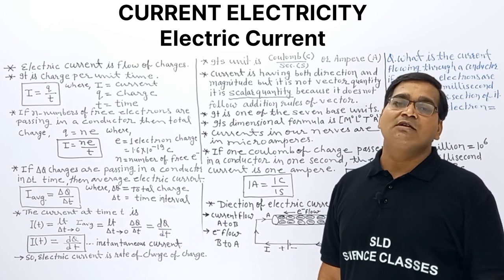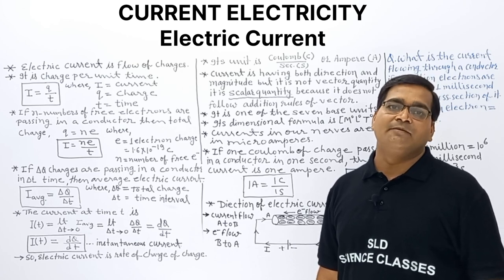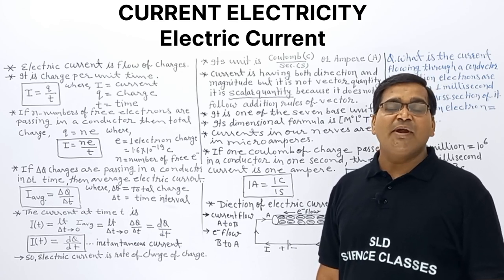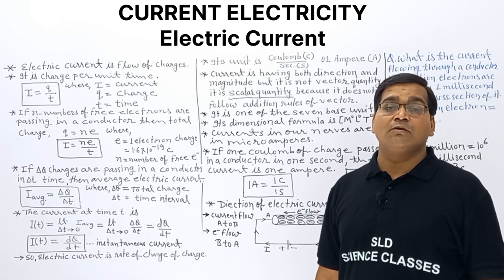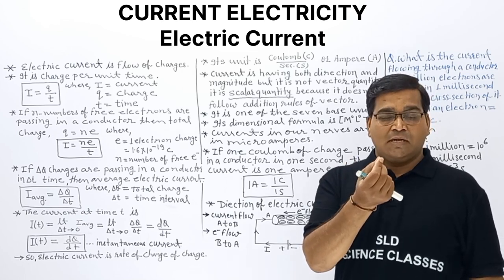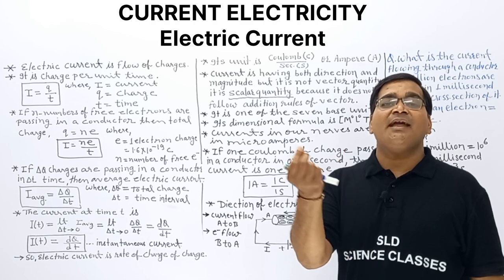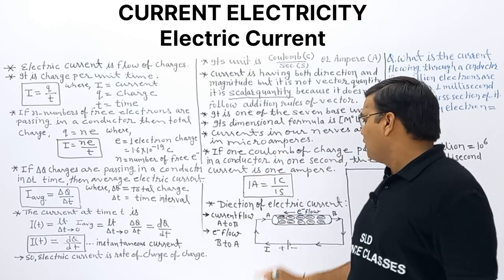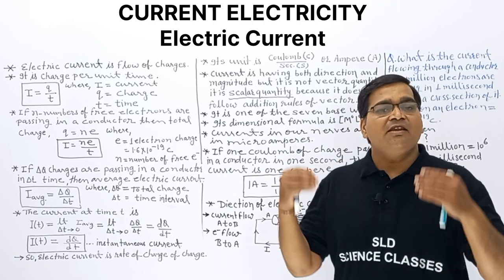Metals are conductors, and they are made up of aluminum, copper and iron.